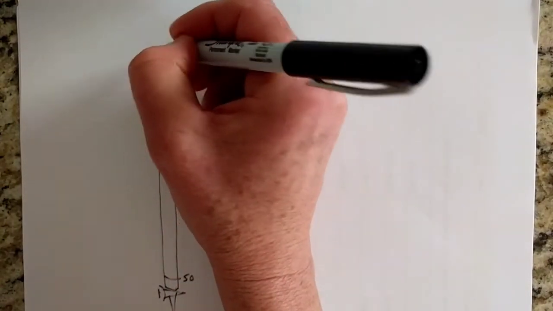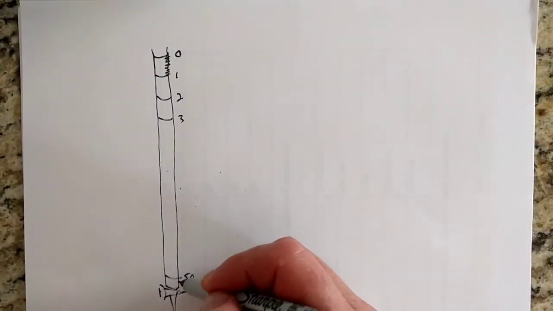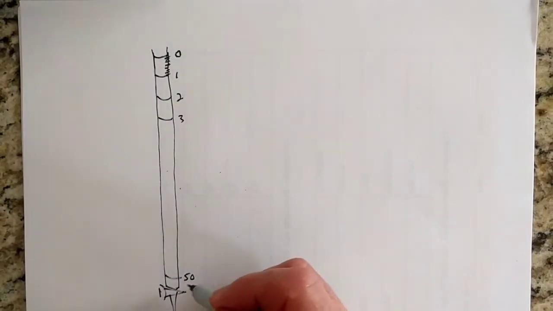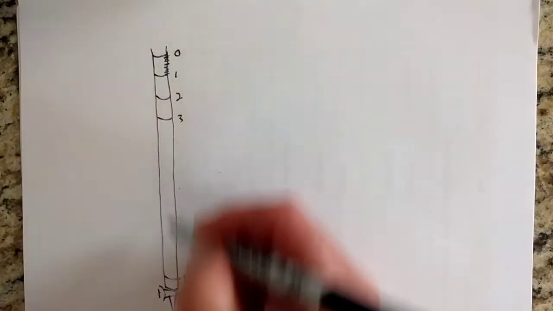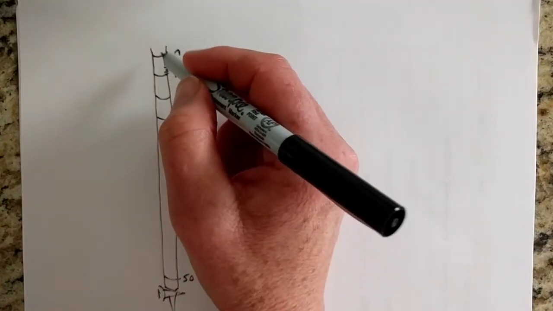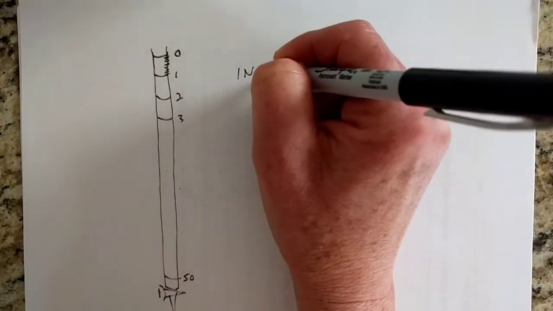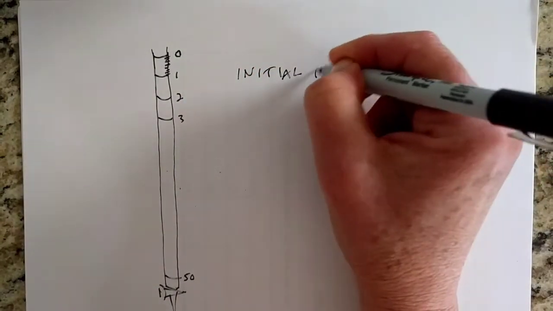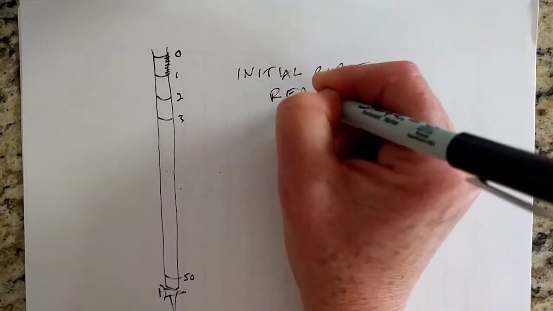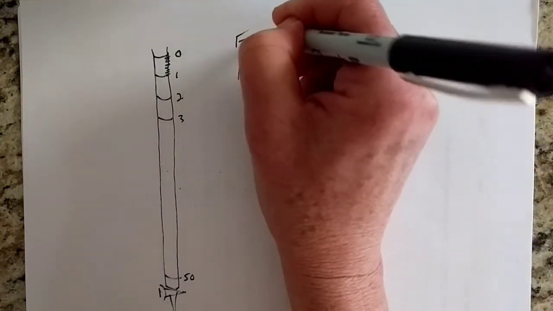So the way the burette works is that when we have a 50 milliliter burette and we fill it up to the 0 mark, we do not have 50 milliliters. That is just some amount of solution. It's over 50 milliliters that we have. To get a reading of your burette, you need an initial burette reading, and a final burette reading.